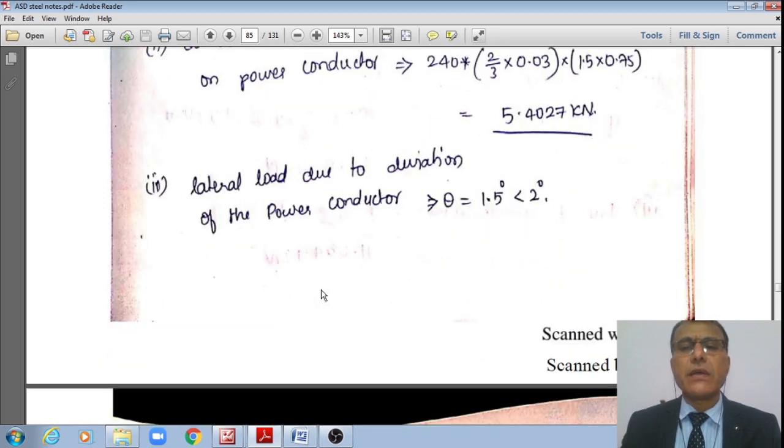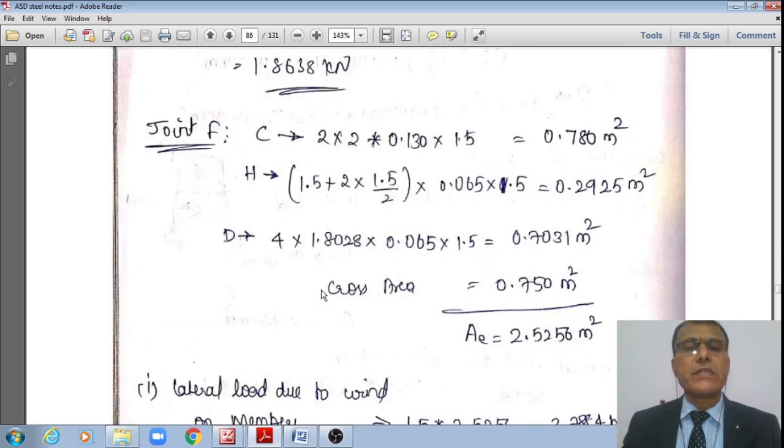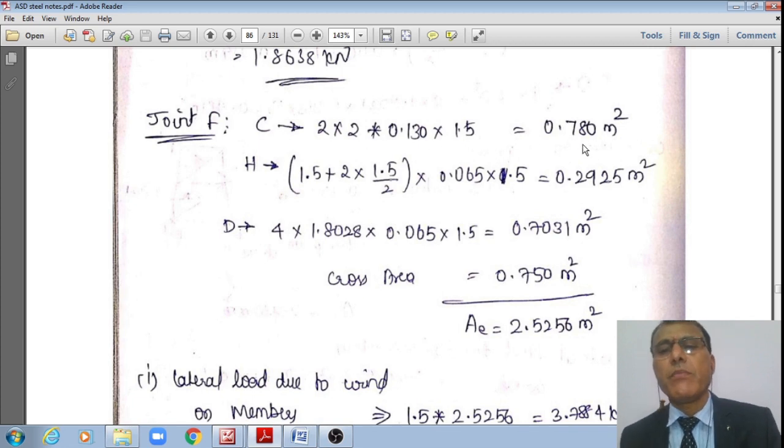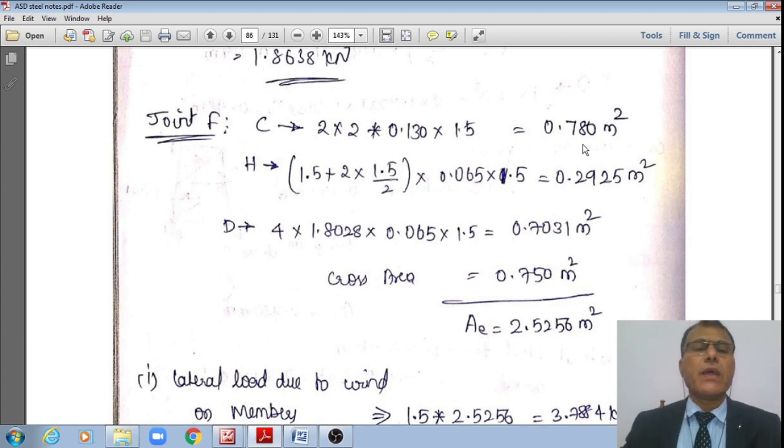Let us calculate that. The columns: 2 multiplied by 2 multiplied by 0.130 multiplied by 1.5, it works out to 0.780 meter square. Horizontals: 1.5 and 1.5 by 2, multiplied by 65 mm or 0.065 multiplied by 1.5, it works out to 0.2925 meter square.